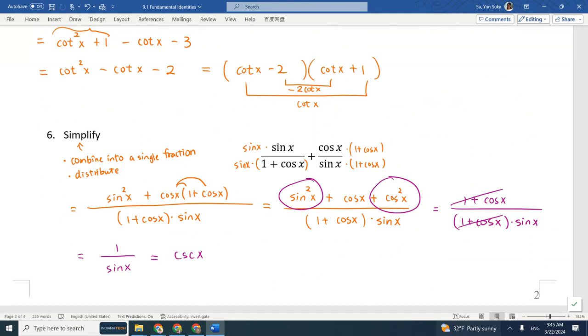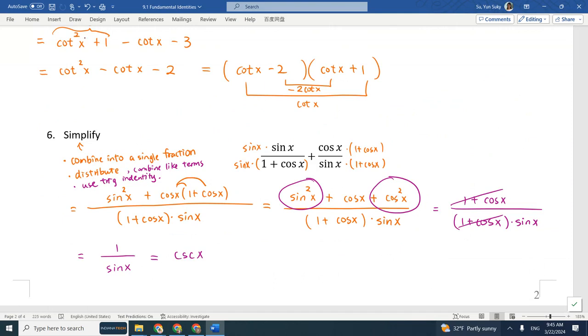So what's simplifying? If you see a fraction, combine into a single fraction. If you can distribute, distribute and combine like terms. And if there's some way you can use the trig identity, please use that. And so you can cancel.